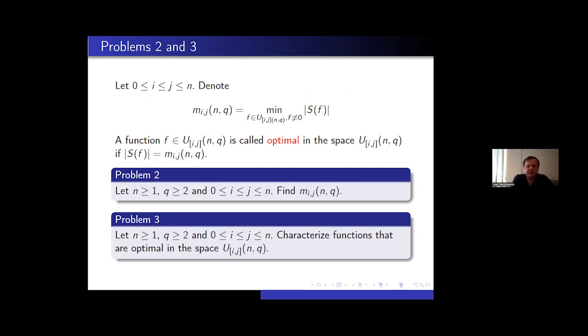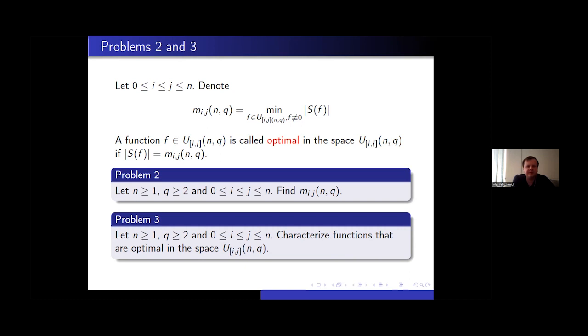Now we consider two generalizations of the minimum support problem for the Hamming graph. Denote by m i,j of n,q the minimum of the support size of a function f such that f belongs to the space U i,j and f has at least one non-zero value.